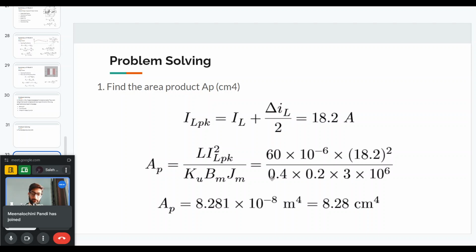Then I get the area product in meters to the fourth power, and I can convert it back to centimeters, because the question asks for a particular unit. The area product that we get is 8.28 in centimeter to the fourth power.